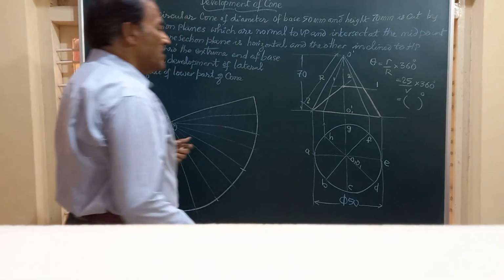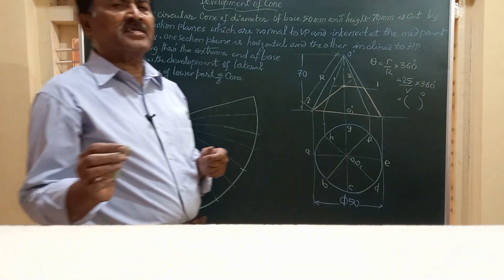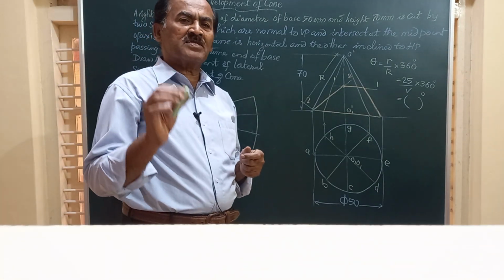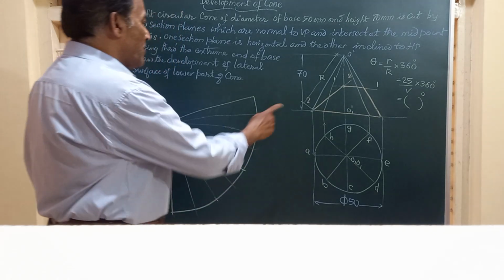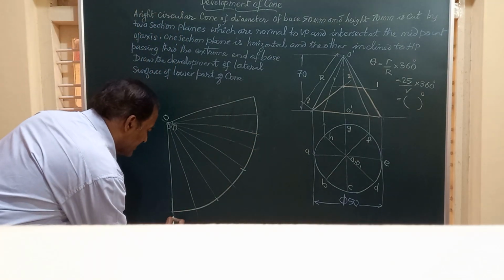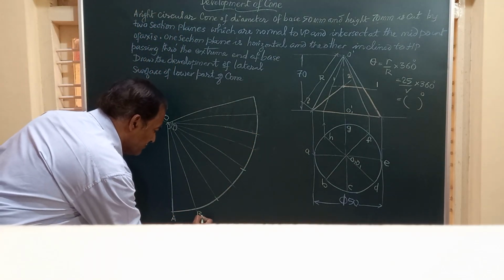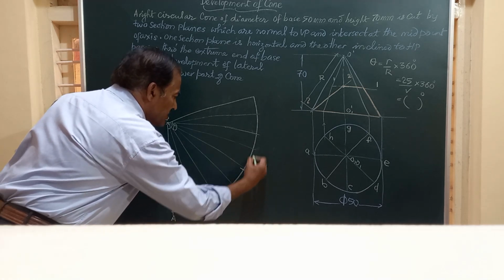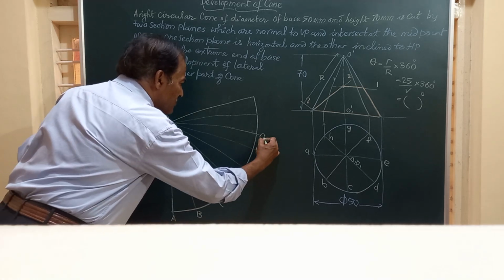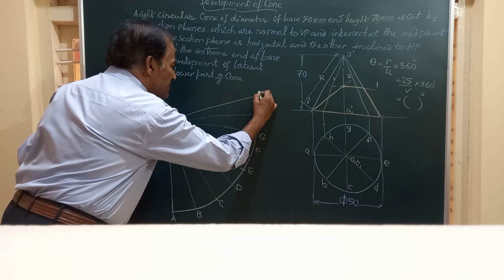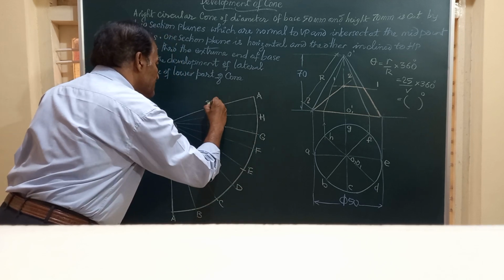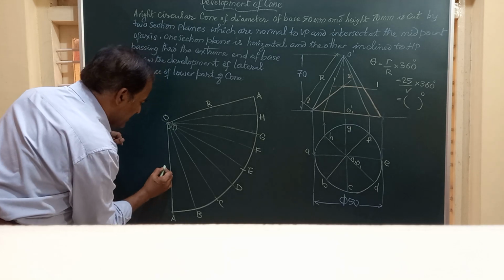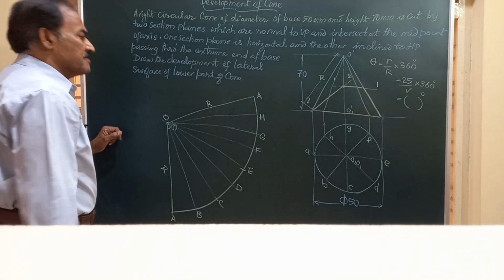OA is removed, and hence it is mandatory that we commence the development from the point A only. So I will mark it as OA, OB, OC, OD, OE, OF, OG, OH, finally OA. And this length, friends, OA is again R.